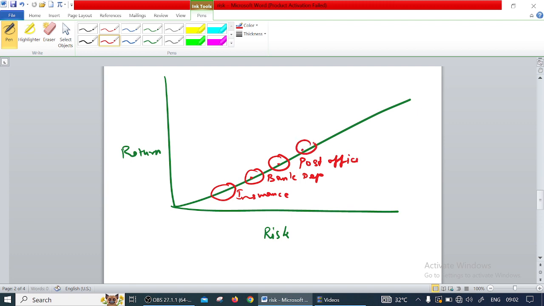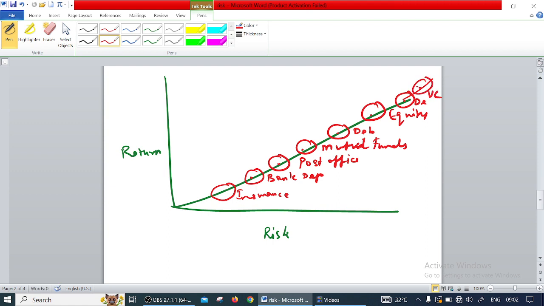Mutual funds, again moderate. Then debentures, equity: high risk, high return. Then finally derivatives.